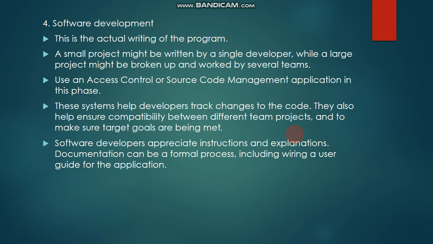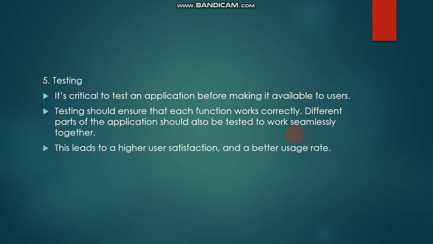Why are they having meetings and reviews in this phase? If suddenly one or two developers move from the project, it should not affect the software development. If another person comes, by seeing the explanations and the documentation, they can carry the project further. So that's why the documentation is also carried out in this phase.